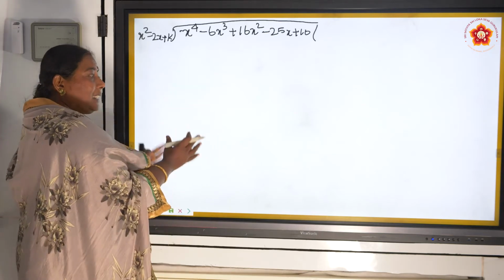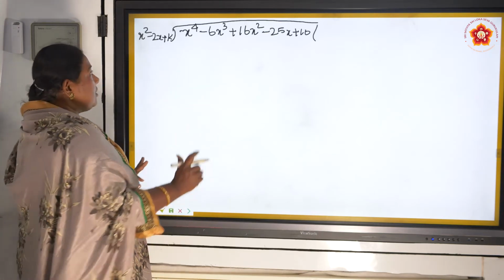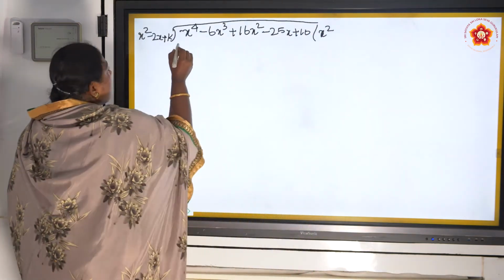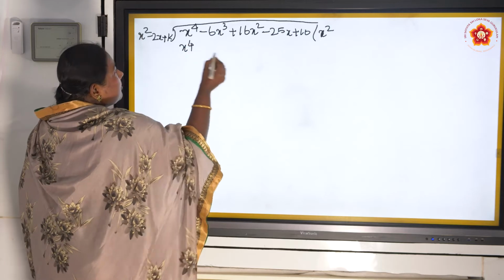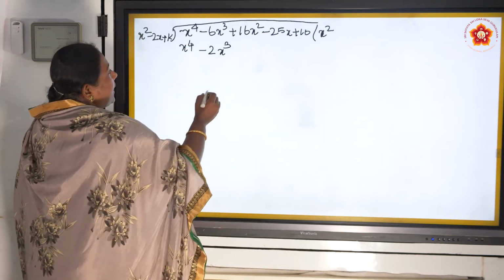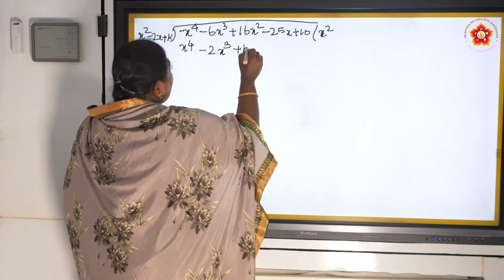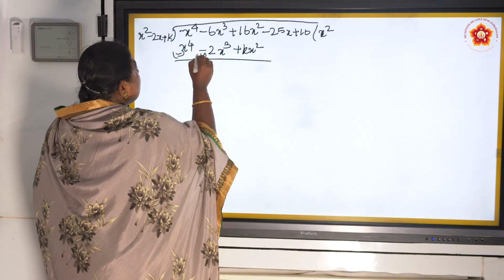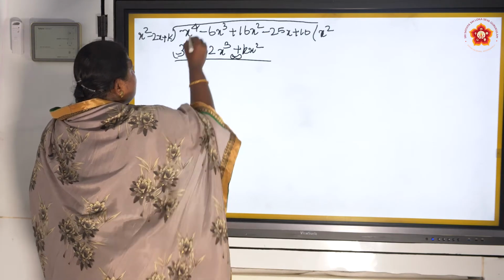All the steps are the same, but the last step only, a little bit you have to change. So x power 4, so you will write x square. So here x power 4 minus 2x cube, and next plus kx square. So what do you get? Minus, plus, minus cancelled.